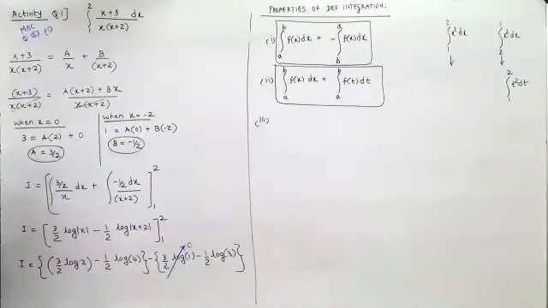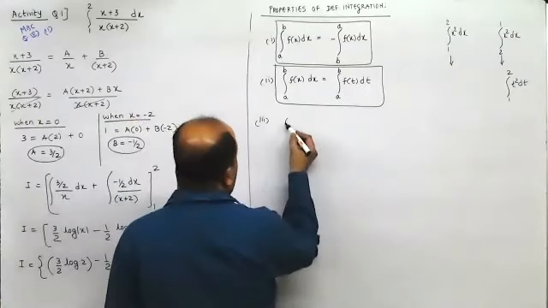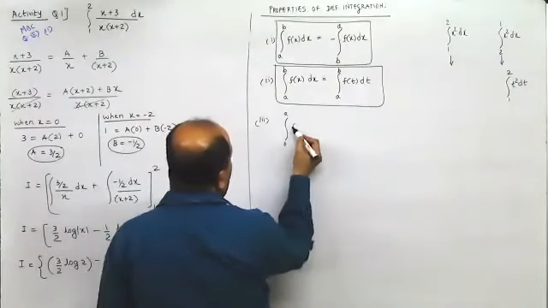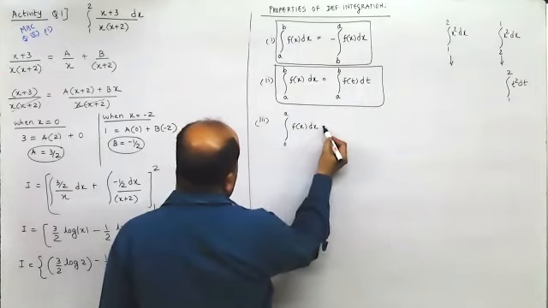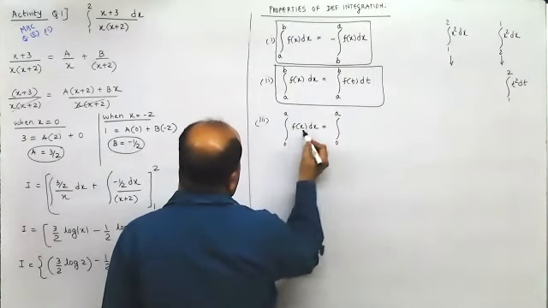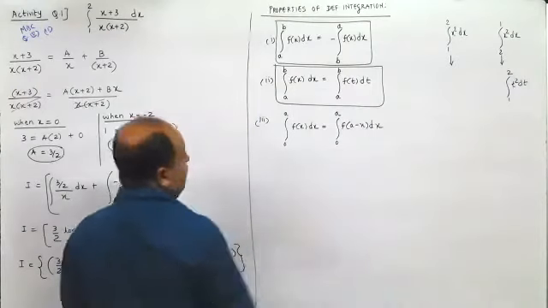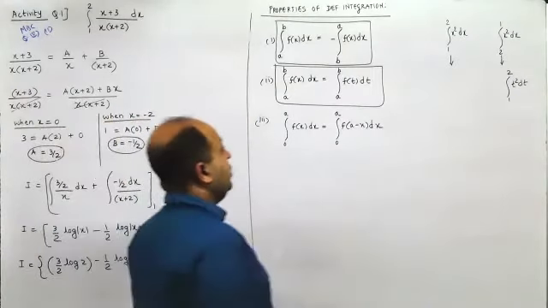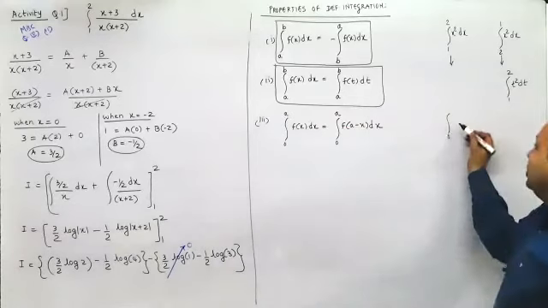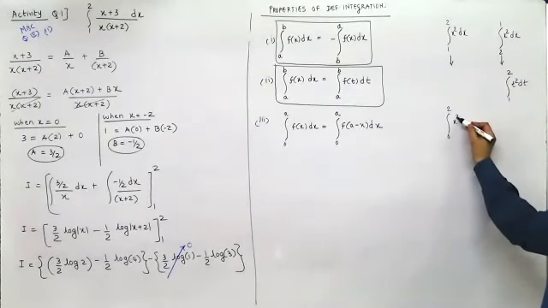Next, the third property. This is one very important property. If I have 0 to a f of x dx, I can replace that with 0 to a, instead of x, I can write f of a minus x dx. Means what? Suppose I have 0 to 2 x cube dx.